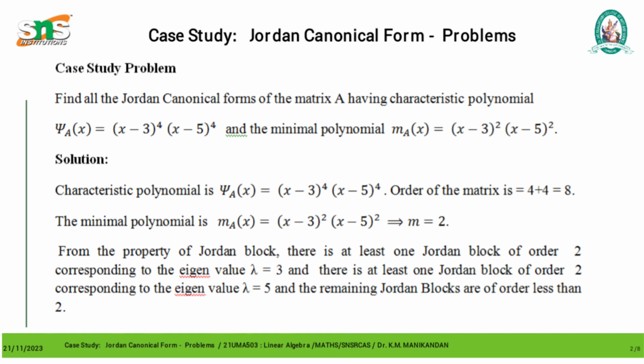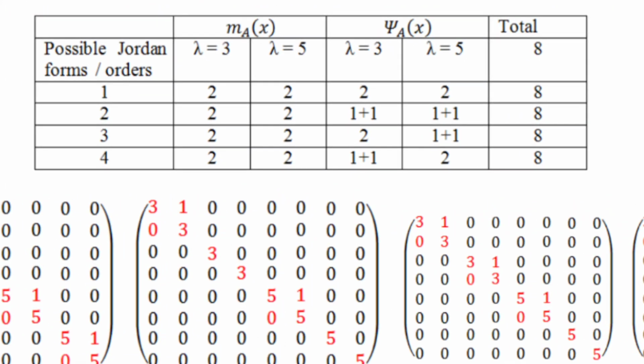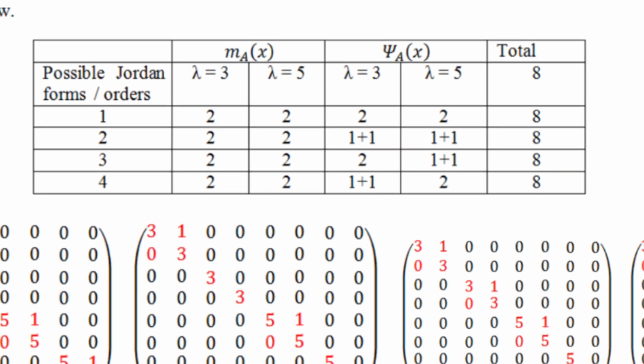Both conditions must be satisfied. The order of the matrix must be 8, and at the same time the chi A of x power as well as the m A of x power should not exceed the limit. Based on this we have to consider the possible partition values we have expressed here.